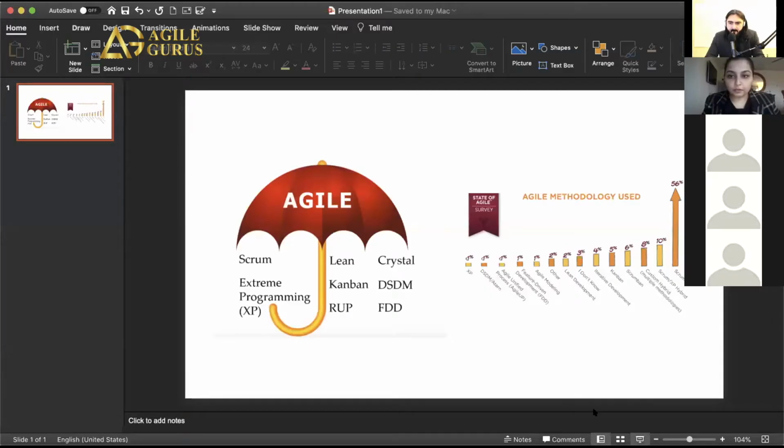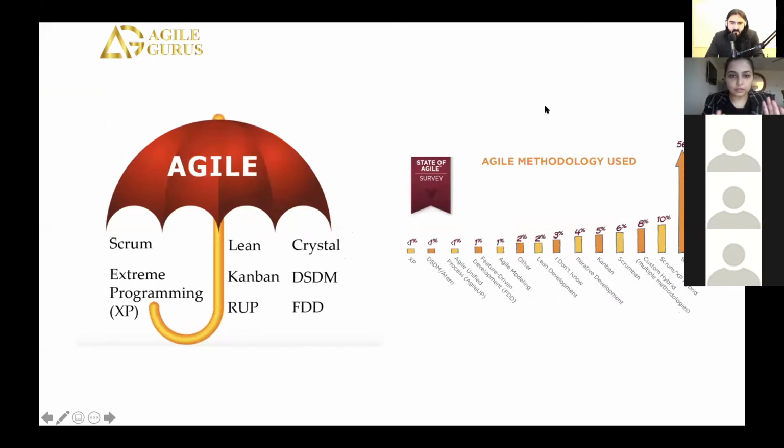Yeah, absolutely. So I created just one slide which I wanted to show. I've spoken about Agile being an umbrella, and I wanted to show a visual to our listeners and to those who are watching us live about how it is, right? You've got Agile, which is the giant umbrella, and then you've got these various frameworks or methodologies which fall under it.